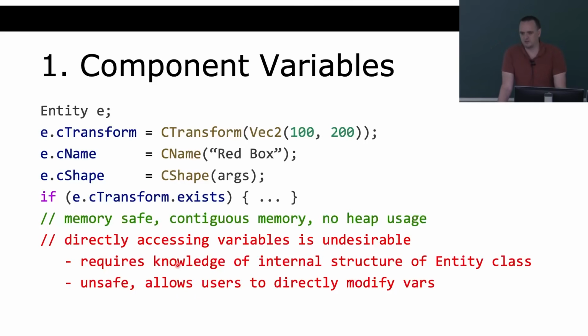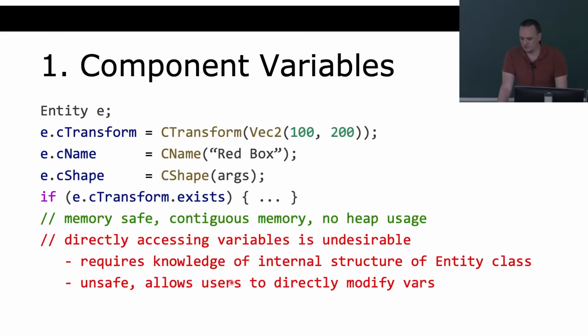One is that it requires knowledge of the internal structure of the entity class. Let me read the other thing first. So I would need to know that there's a variable named this thing, and another variable named this other thing, and that's not great. I don't want to be manually setting this memory all the time.